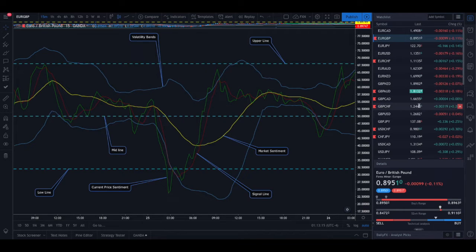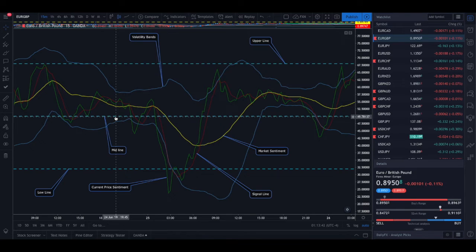Essentially what it breaks down to is you have three major lines here: the upper line, the mid line, and the low line. The low line is 32, and if you've ever seen an RSI before, it's basically the same thing. You have your oversold and overbought areas and the middle line, which is the 50 line.